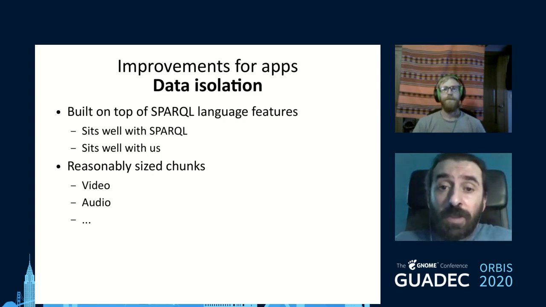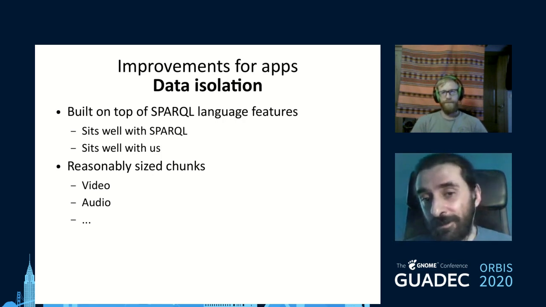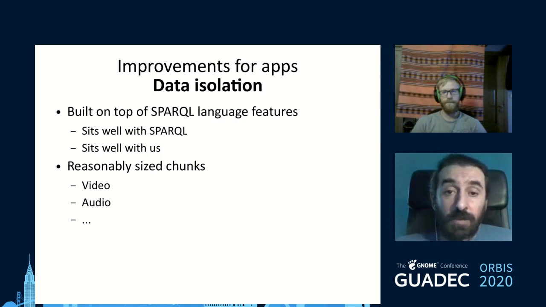And it also sits well with us because we just need a small nudge in the right direction to make use of this, and it depends on the application and the queries it does. It ranges from trivial to not that much, but it's not something earth-shattering.